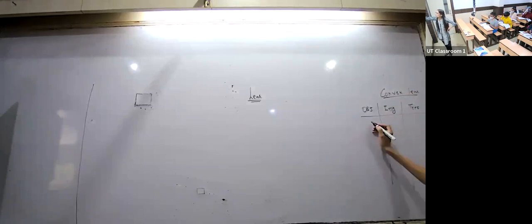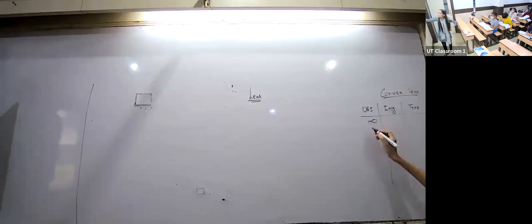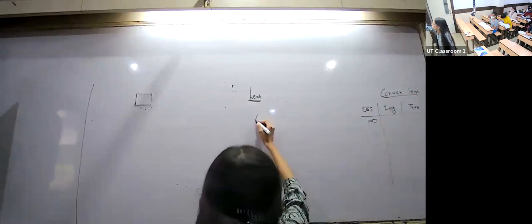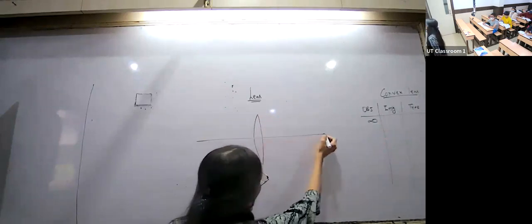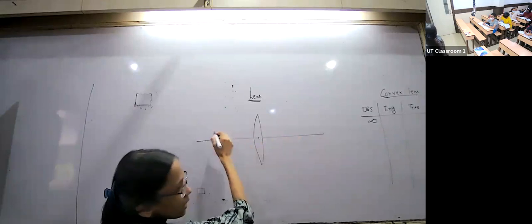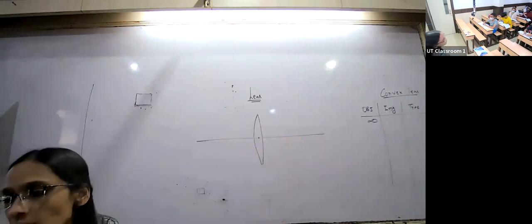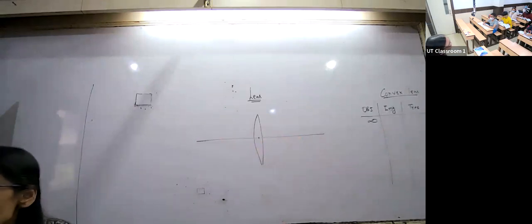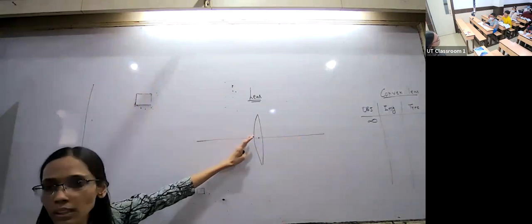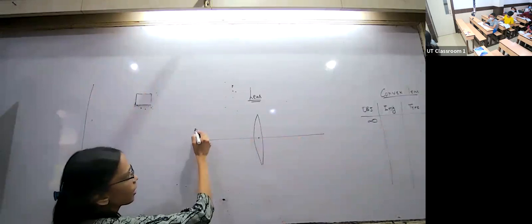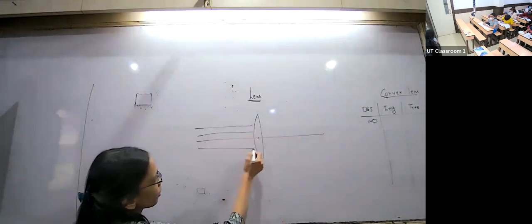So first one, object. We always keep object. We started with what? Object is kept at what? Infinity. So for the first one where object is at infinity, rays will hit in which manner? Parallelly.